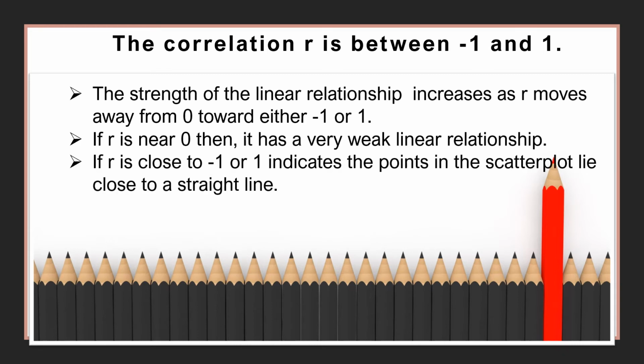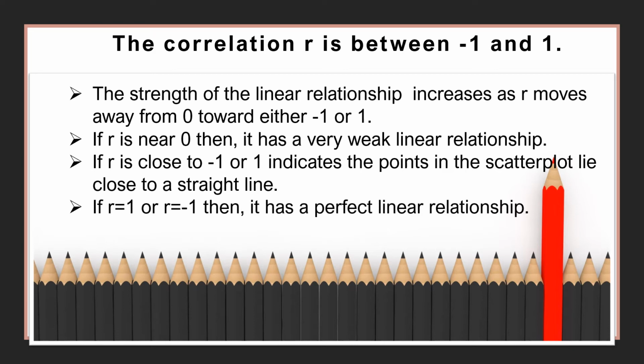If r is close to -1 or +1, the points in the scatter plot lie close to a straight line, and hence we say it has a strong positive or negative relationship. If r is 1, it has a perfect linear relationship. If r is -1, it also has a perfect linear relationship, but the direction is negative, and when r is 1, the direction is positive.